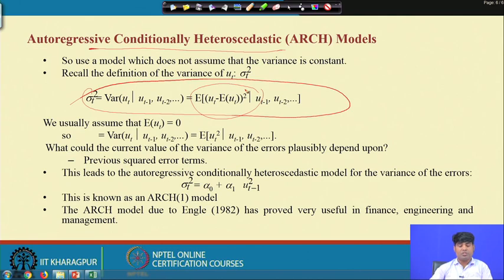That brings variations. That means instead of sigma square u, it becomes sigma square ui, which creates a function. If it is constant, then it will be a single figure. If it is not constant, then it will be more than a single figure. That is how it brings the functionality.